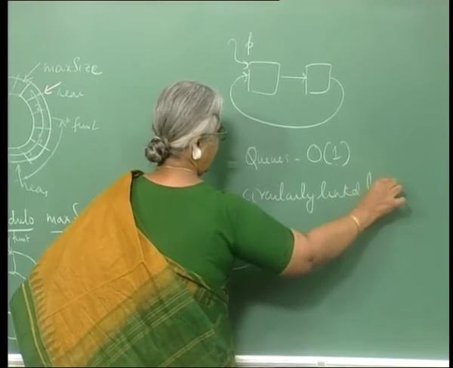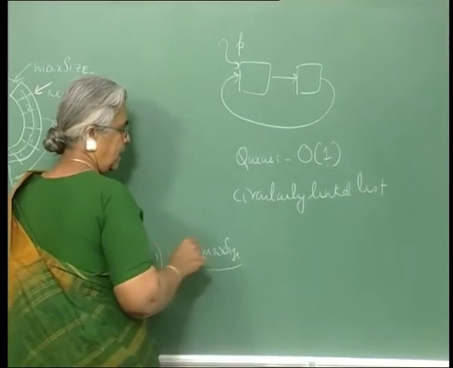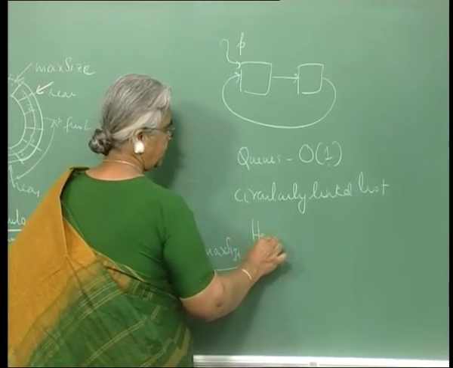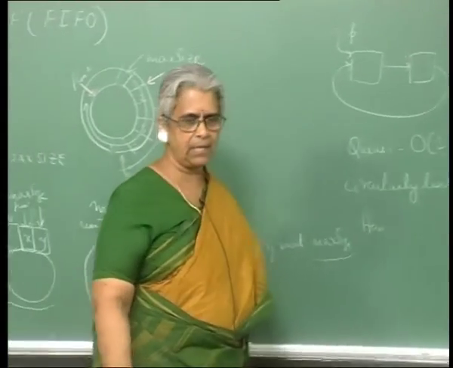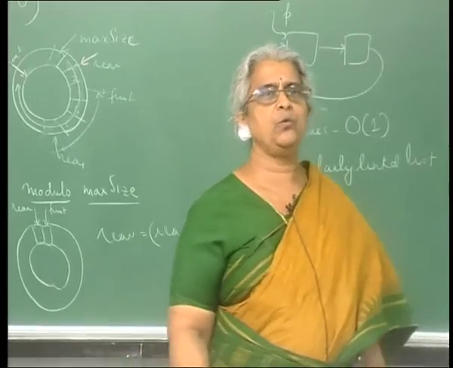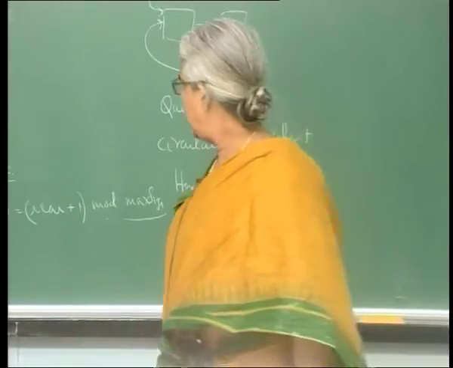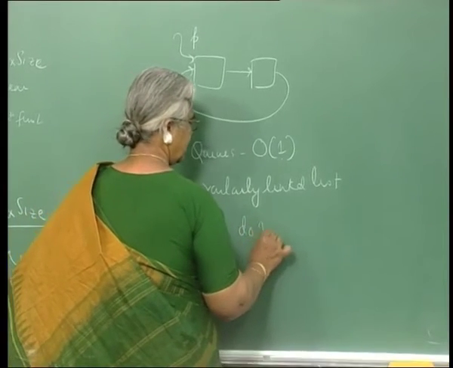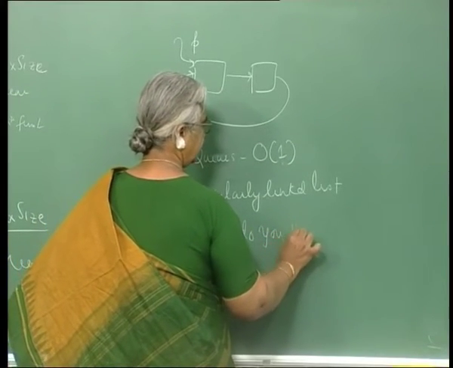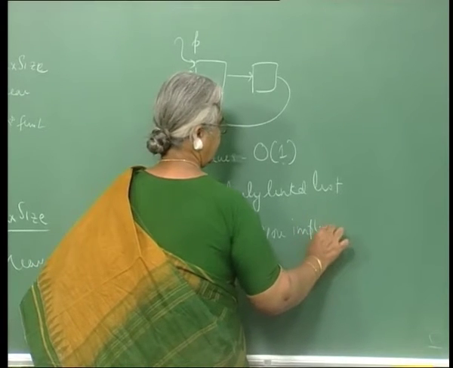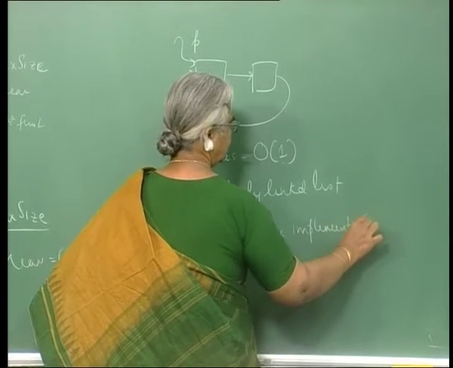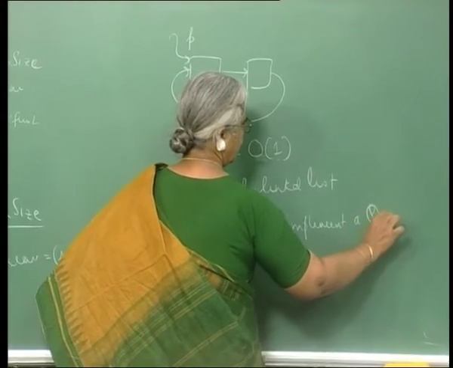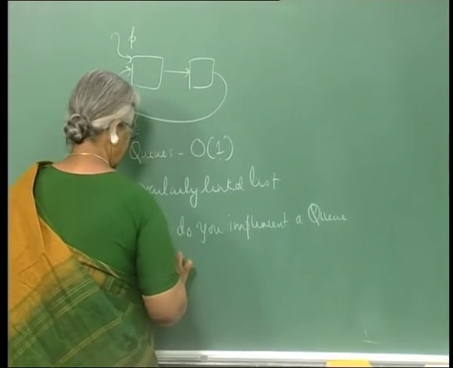Now, there is one more problem which is not listed there. How would you implement a queue? We saw in the beginning of the class how to implement a queue using a list ADT. The question that I want to ask you is, how do you implement a queue using stacks?